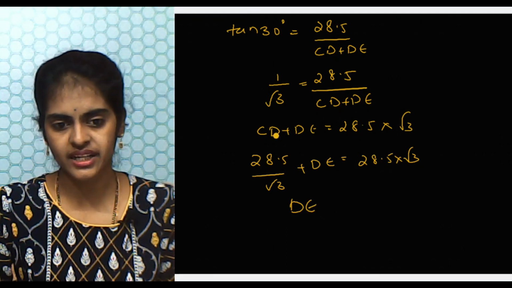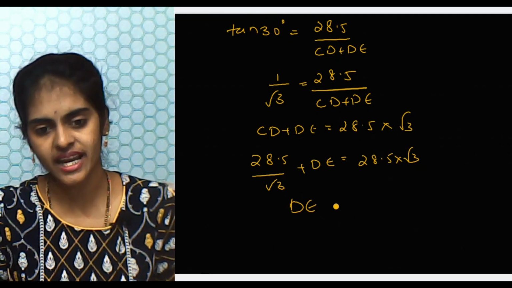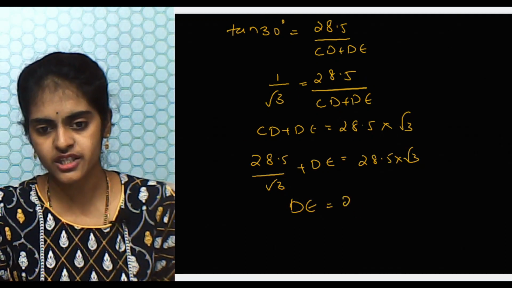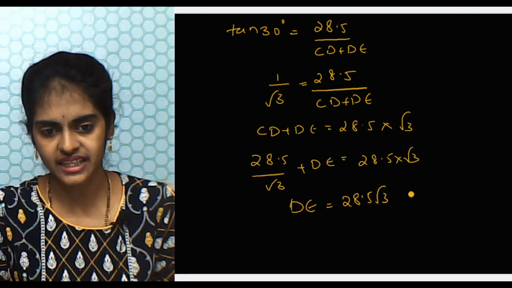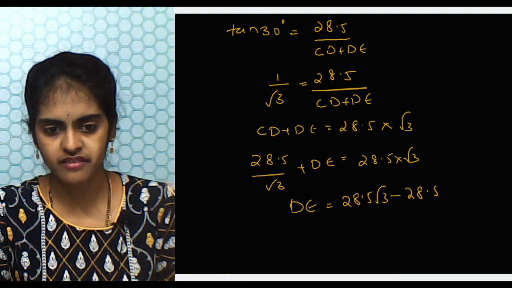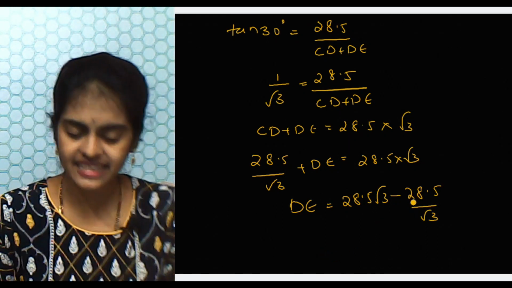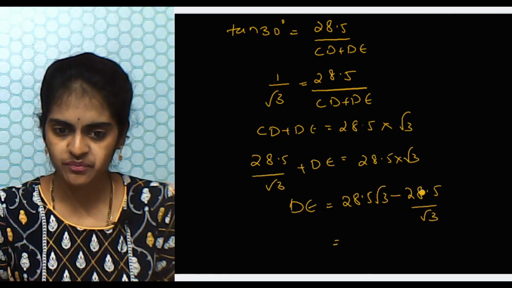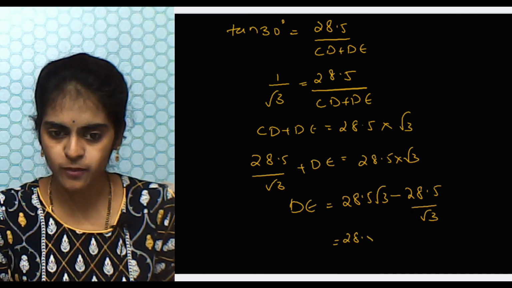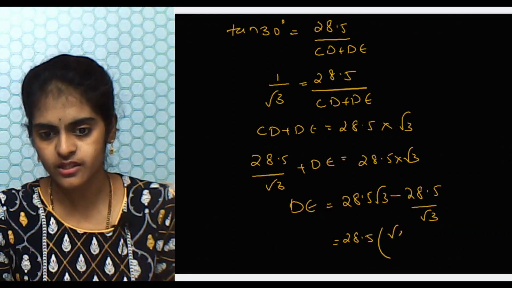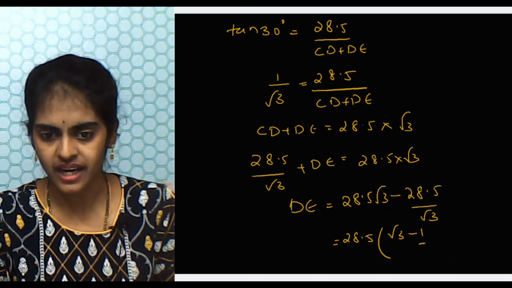Let me send this 28.5 divided by root 3 to the LHS. So DE is equal to 28.5 root 3 minus 28.5 divided by root 3. If you take 28.5 as common, it is root 3 minus 1 by root 3.